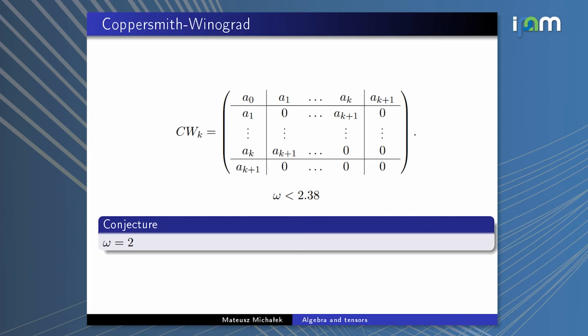But I would say that this is a very striking conjecture because it says that in some sense, for very, very large matrices, multiplying them is not so hard. It's in fact not much harder maybe than adding them. And because you add them in time, basically O of n squared, well, there is this infimum here, but still people believe or expect, hard to say, that maybe multiplication is not so much harder.